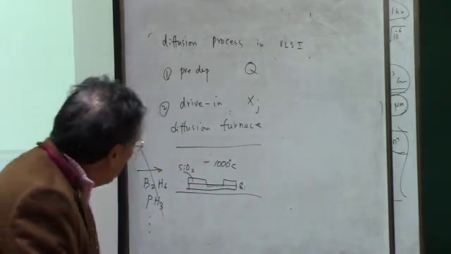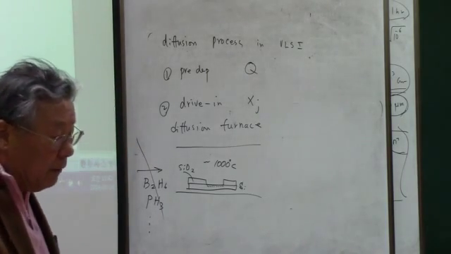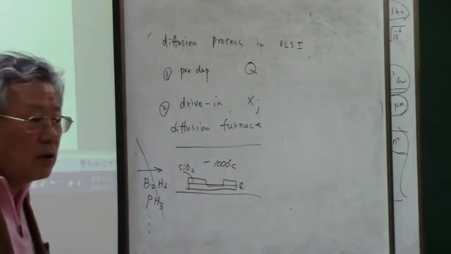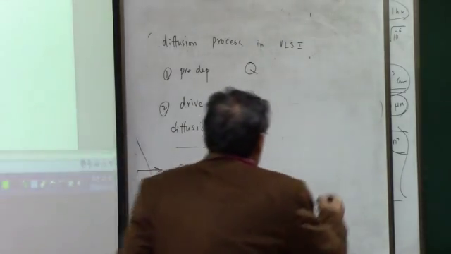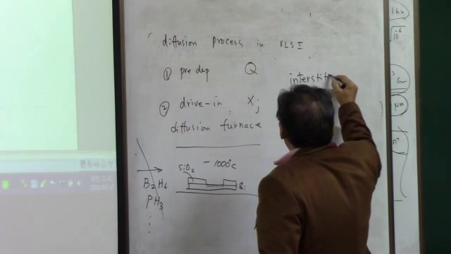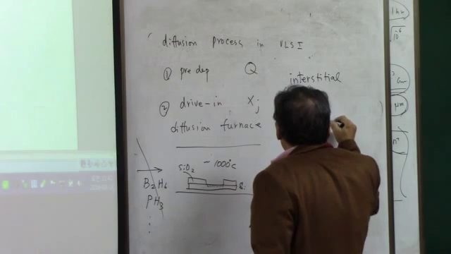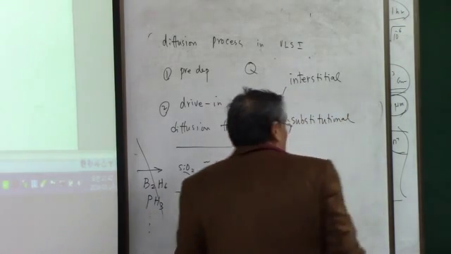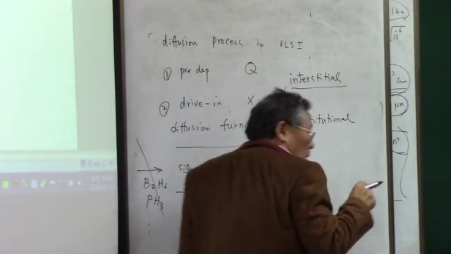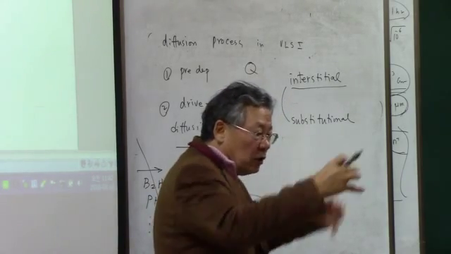As you see, we have two types of diffusion process: interstitial diffusion and substitutional diffusion. Interstitial diffusion is just the dopant atoms moving around in between the host atoms.